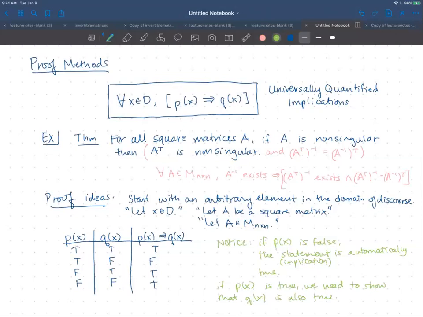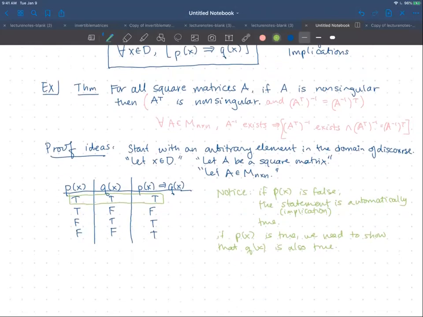So the work, if we want to start with P of x, is showing that when P of x is true, we can do some math to show that Q of x must be true, and therefore P of x implies Q of x. And this is called a direct proof technique.